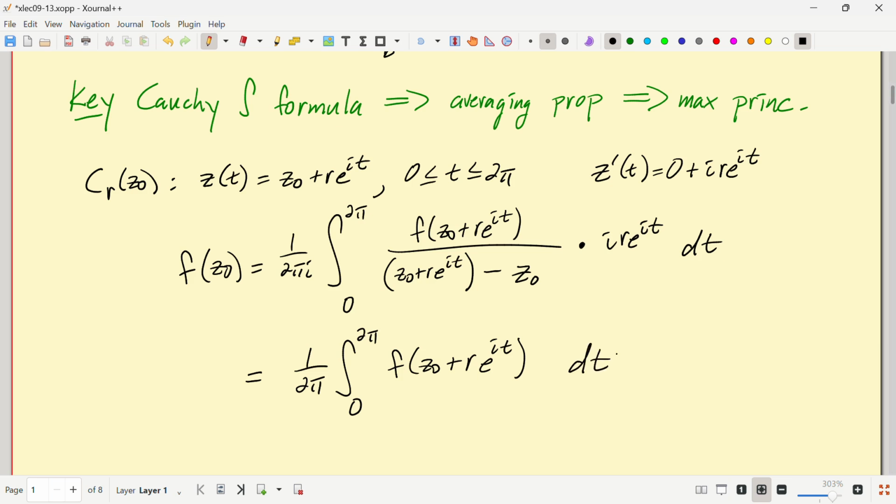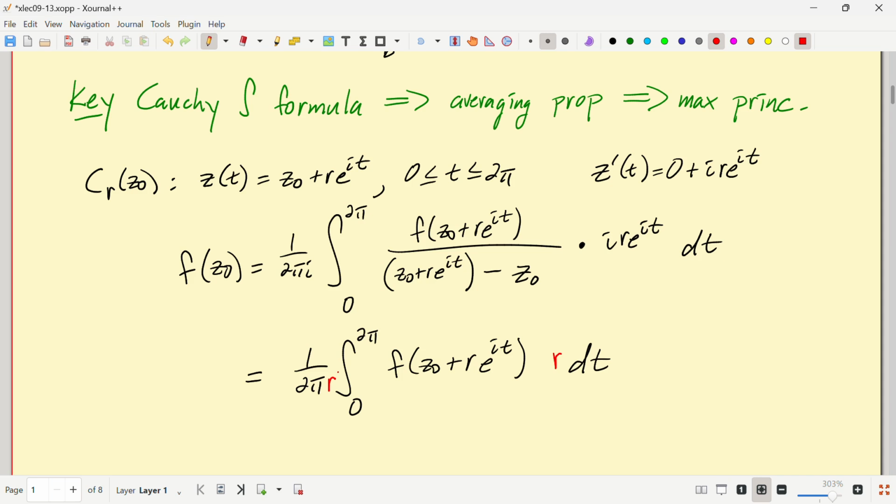And if I wanted to think of it in terms of averaging, here's maybe a better way to think about it. This is r d theta right here. So I put an r d theta, that would be d arc length. And then in the bottom I would have 1 over r, and that would be 1 over the length times the integral with respect to arc length.